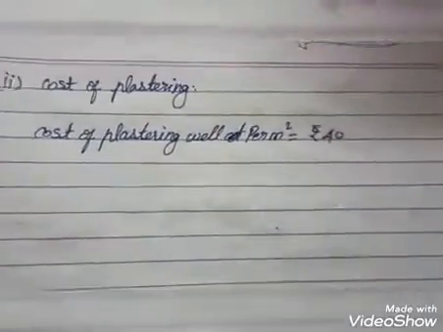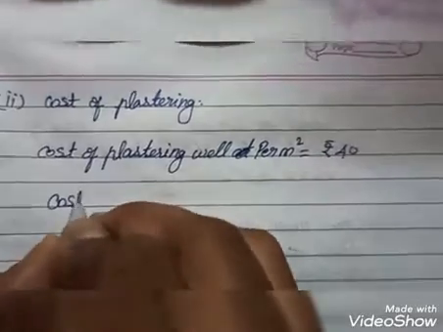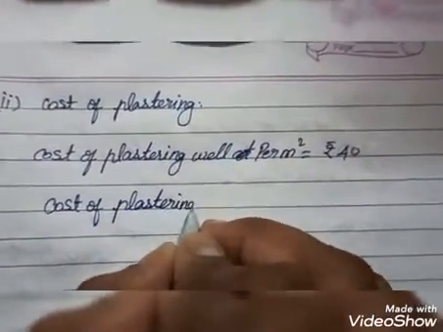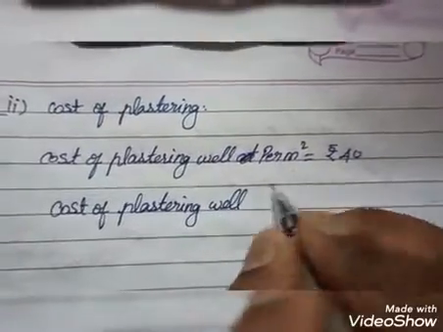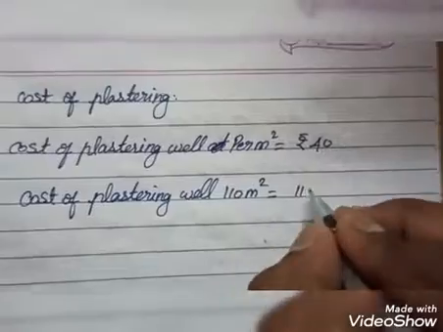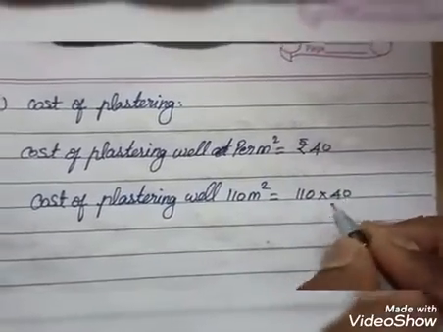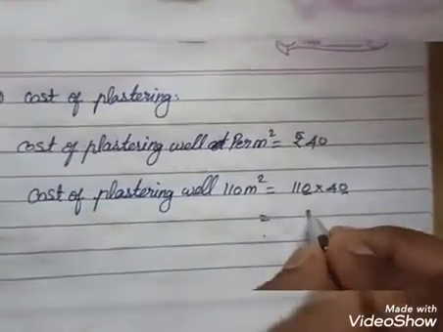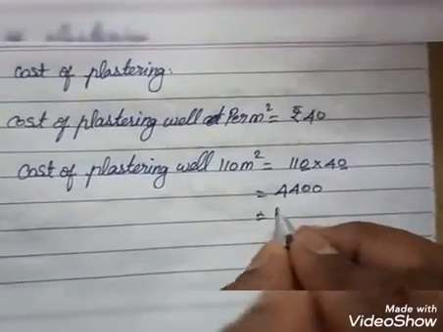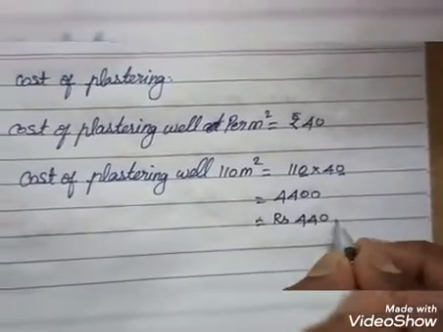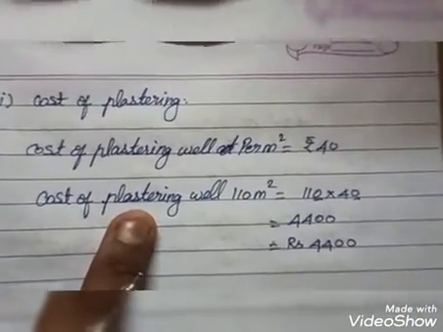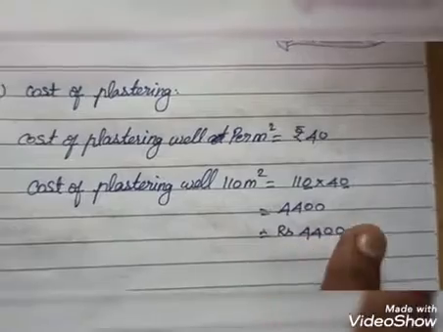So now the cost of plastering 110 meter square is equal to 110 into 40. So 4 into 11 is 44. So what is the value? It seems to be rupees 4,400. So the plastering cost of the well is 4,400.